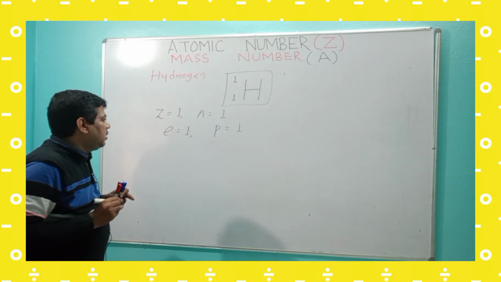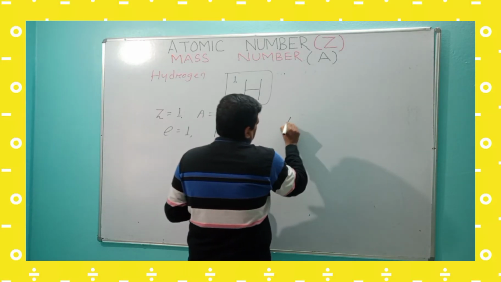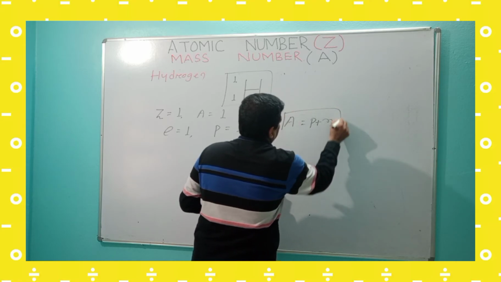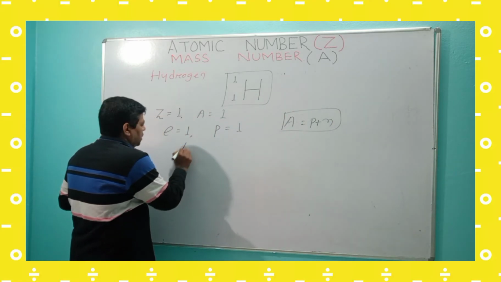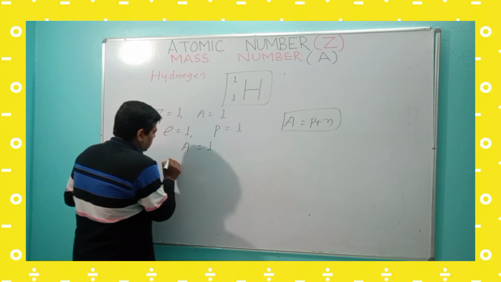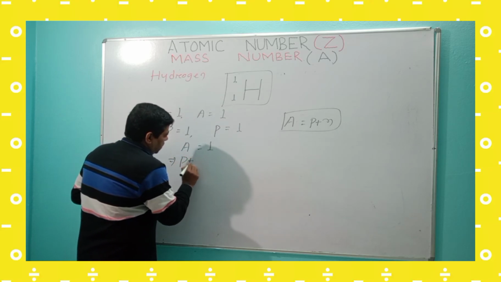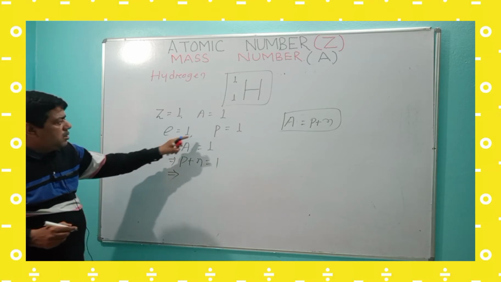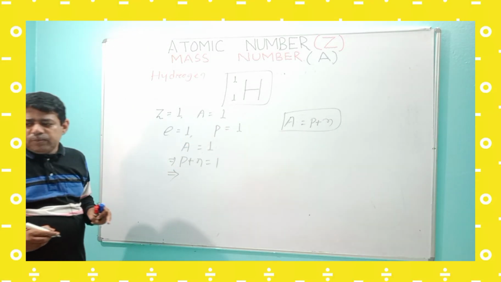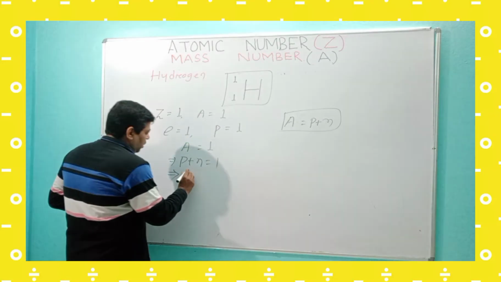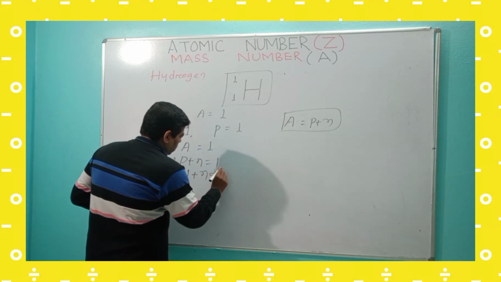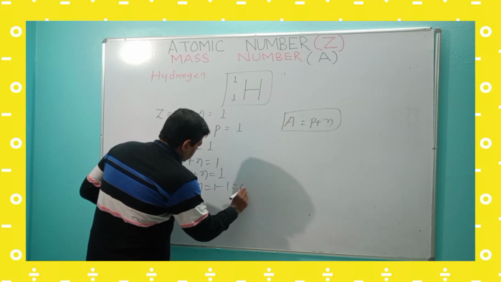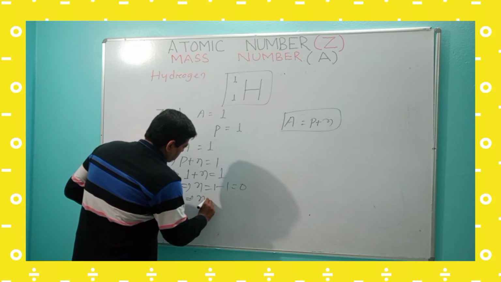Mass number means sum of the protons plus neutrons. Here mass number is equal to 1. It means protons plus neutrons is equal to 1. Hydrogen has 1 proton, so n is equal to 1 minus 1, which is 0. Hence n is equal to 0.